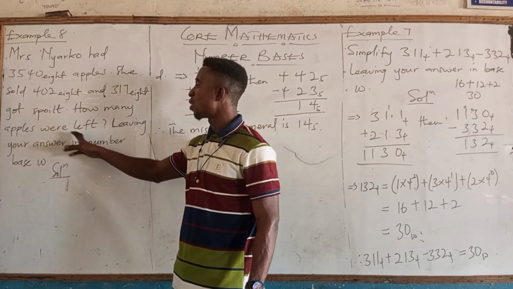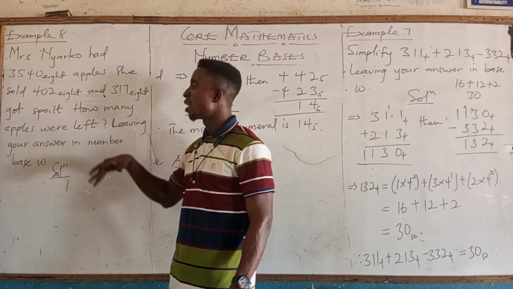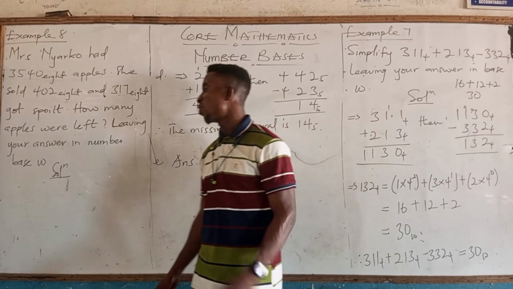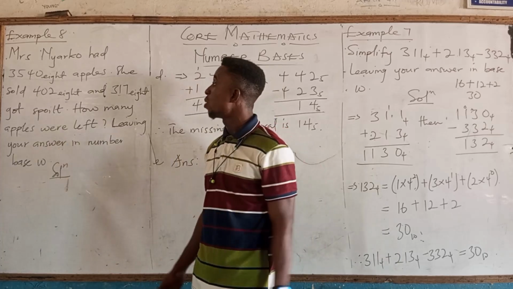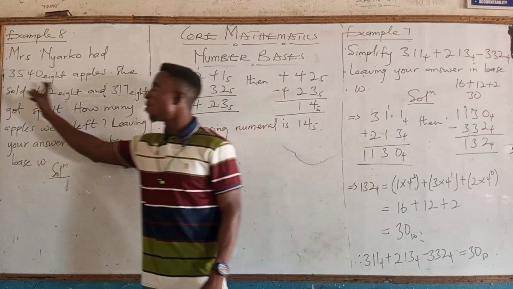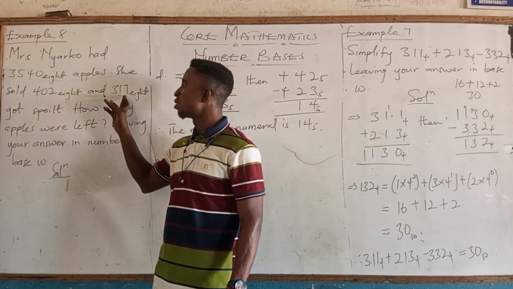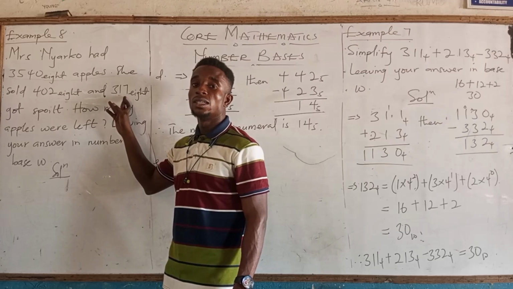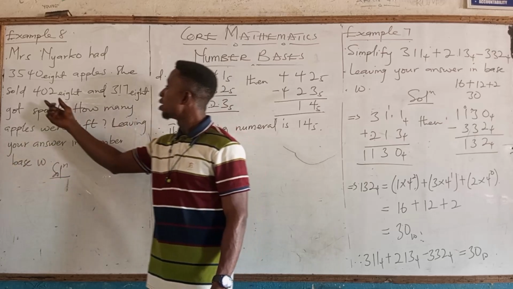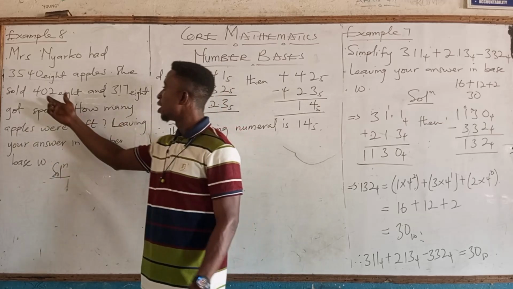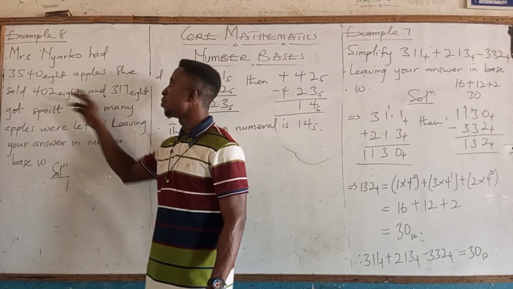How many apples were left? Then leave your answer in number base 10. Are we getting that? So we convert our final answer to base 10. So what do we do? This is the total number of apples. She sold this and this one got spoiled. So in all, this is gone, this one too is gone. So how many are left? Then we add this one to this, then we subtract from this.